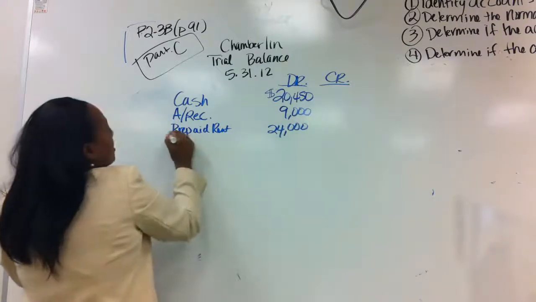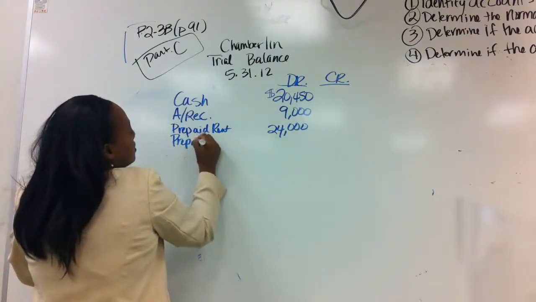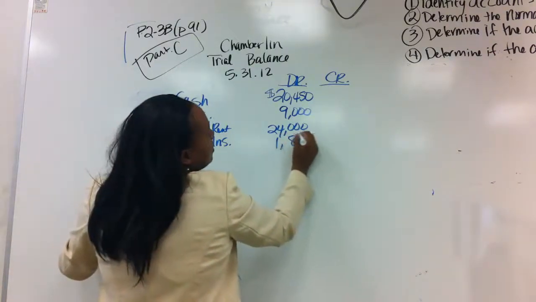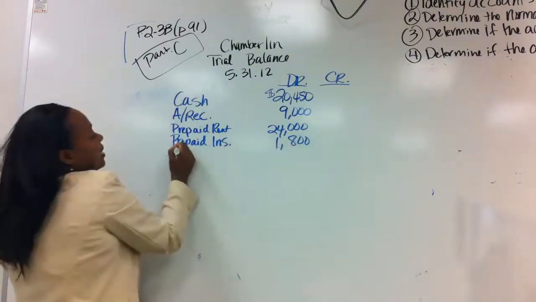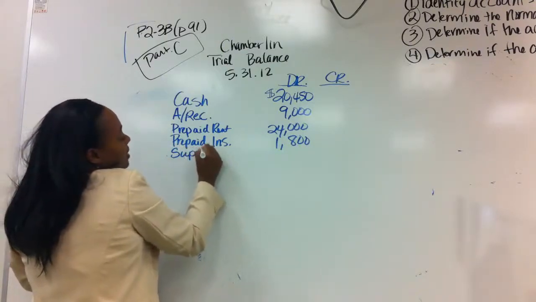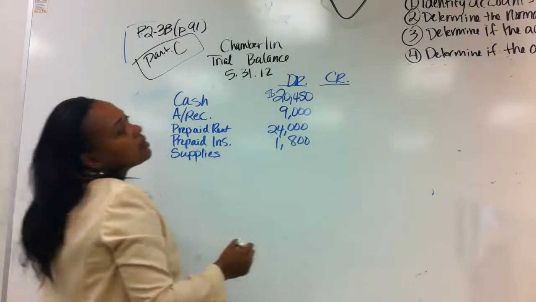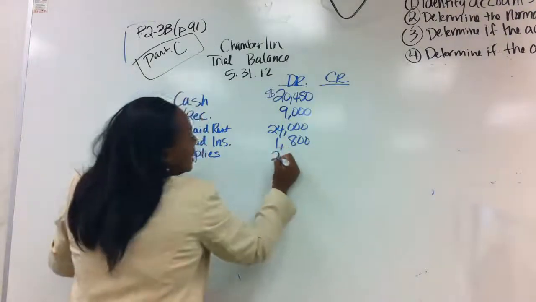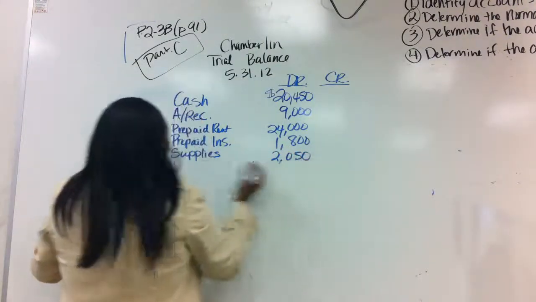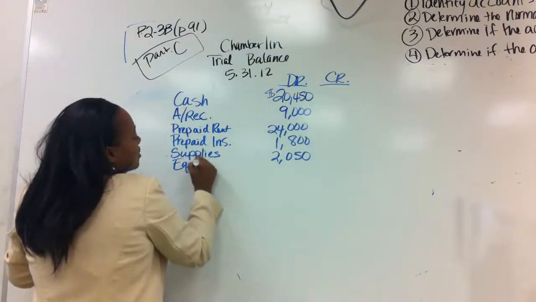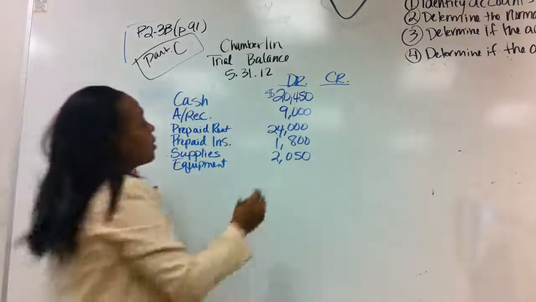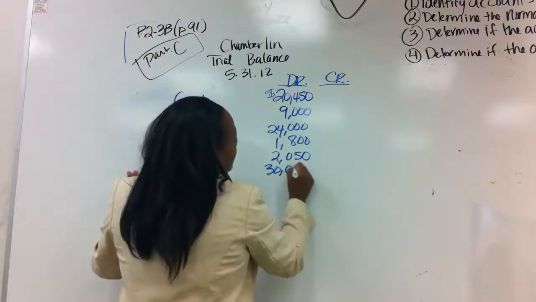Next is prepaid insurance, and that was 1,800. Then we had office supplies or supplies, either name will work. Supplies were 2,050. We also had equipment. How much is equipment? 30,000.